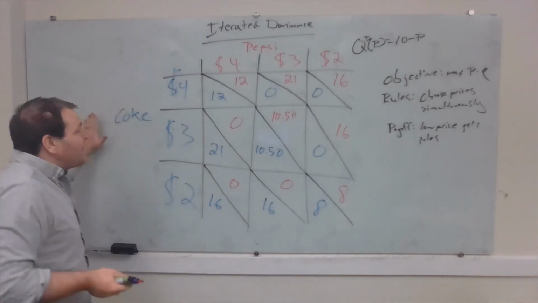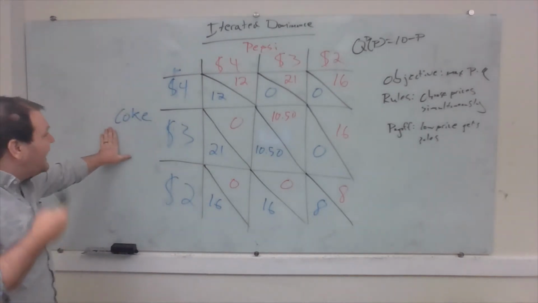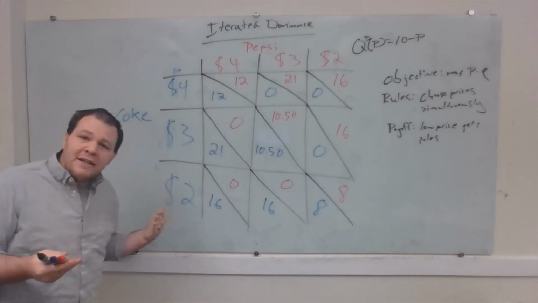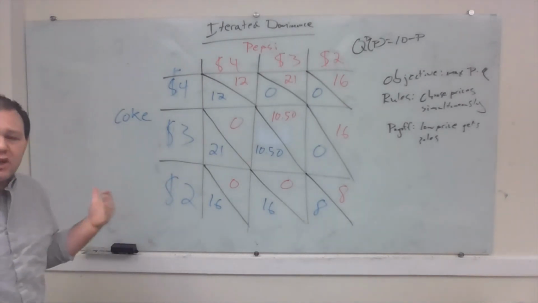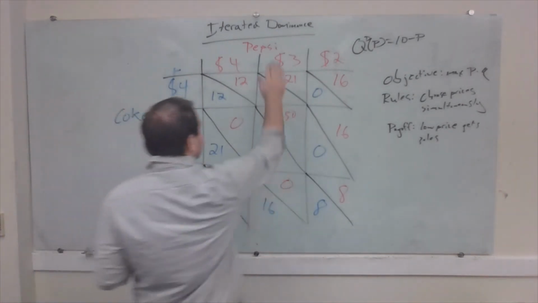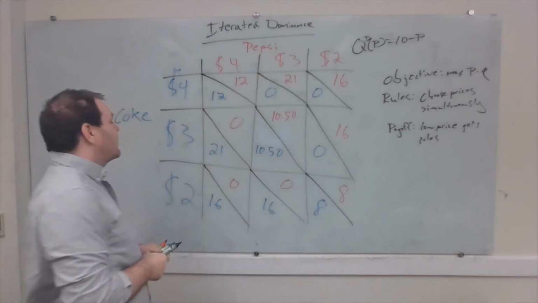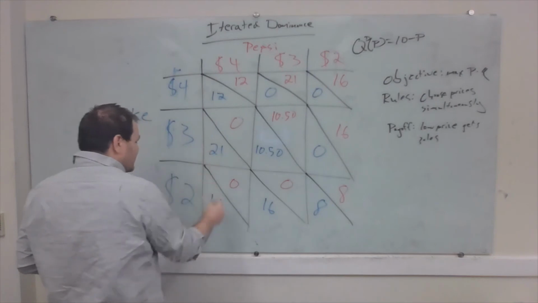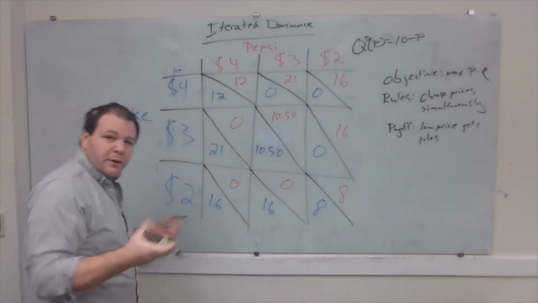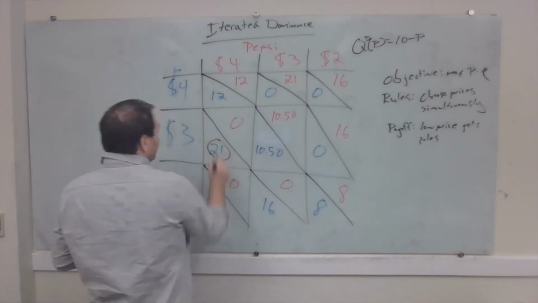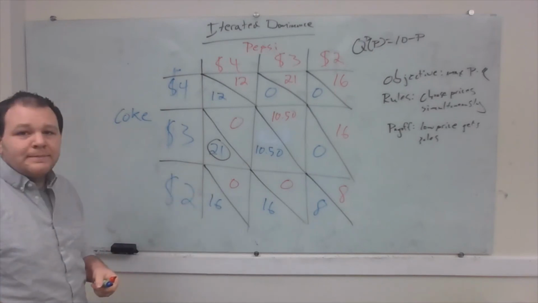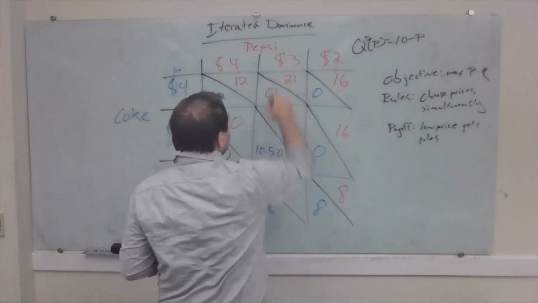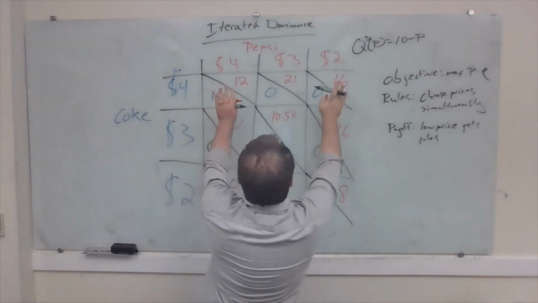So let's start by thinking about Coke's perspective, and try to figure out Coke's best response to each price that Pepsi might charge. Let's say that Coke knew that Pepsi was going to charge $4. Then their choice is, do I want to make 12 bucks, 21 bucks, or 16 bucks? The answer is super clear. They're going to want to charge $3 so that they can make 21 bucks. What about if they knew that Pepsi was charging $3? So they could ignore these.